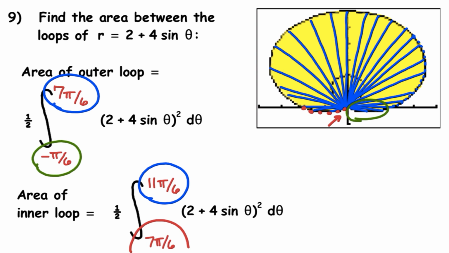When you do all this work on the calculator, the area of the outer loop comes out to be 35.525046. And the area of the inner loop comes out to be 2.1740658.